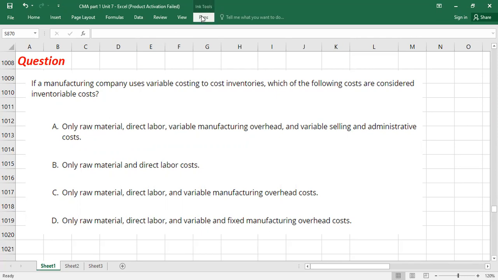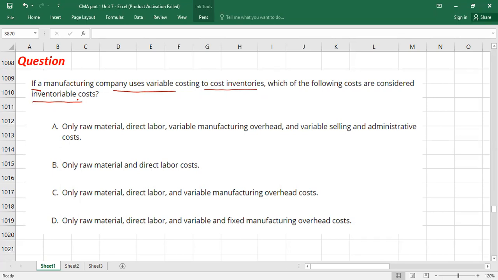What is the question here? Let's do the question. They're saying if a manufacturing company uses variable costing to cost inventories, so they're simply using variable costing, which of the following costs are considered inventoriable cost? Which cost will be inventoriable?